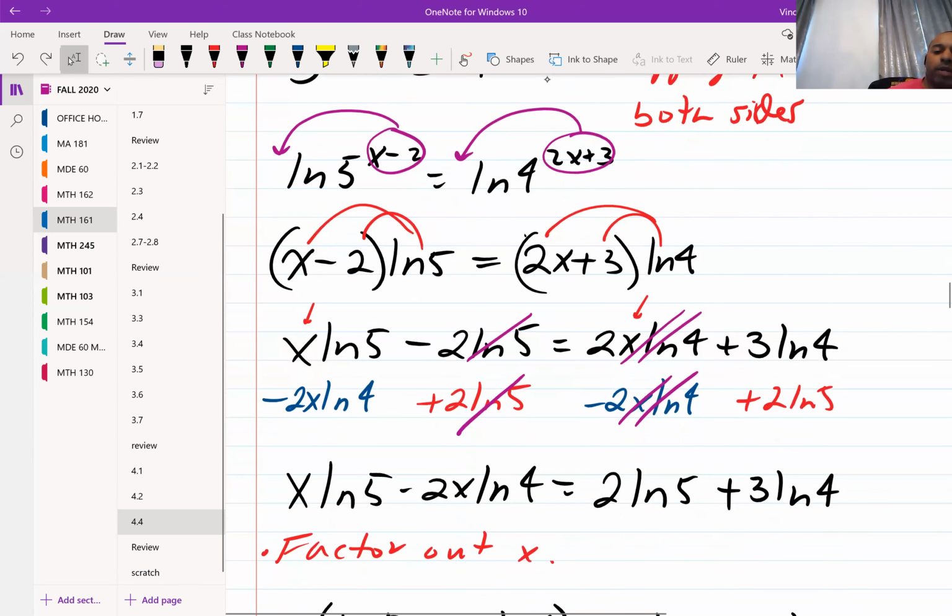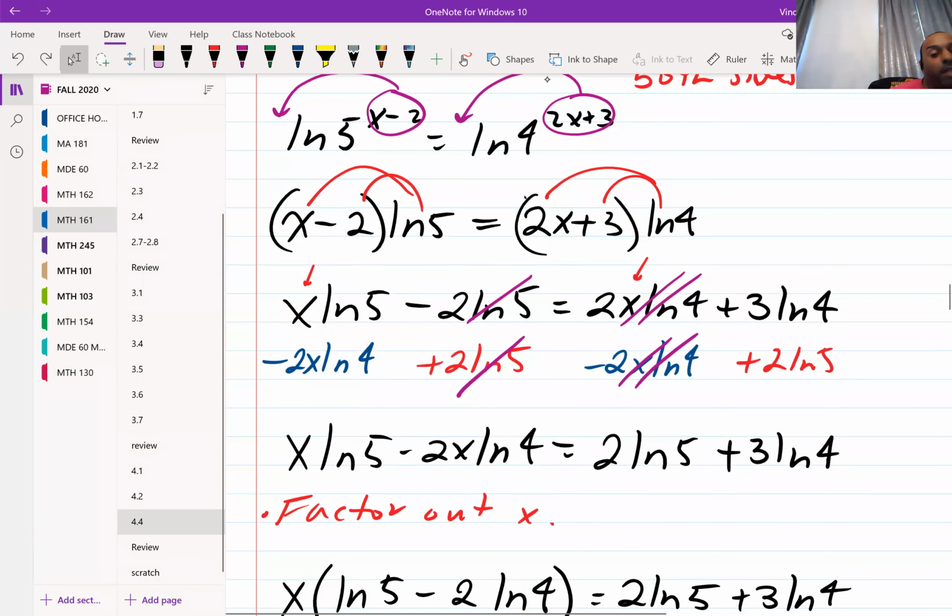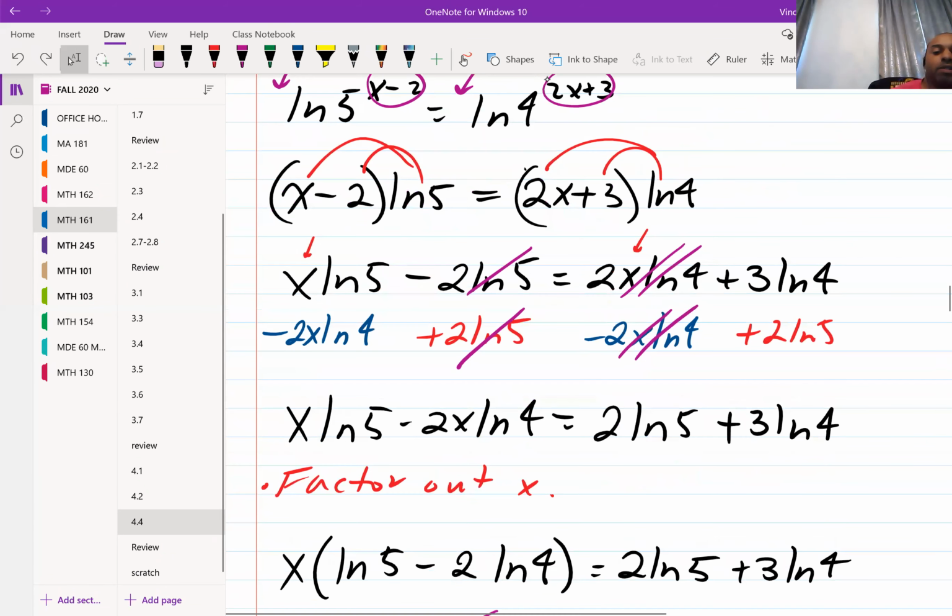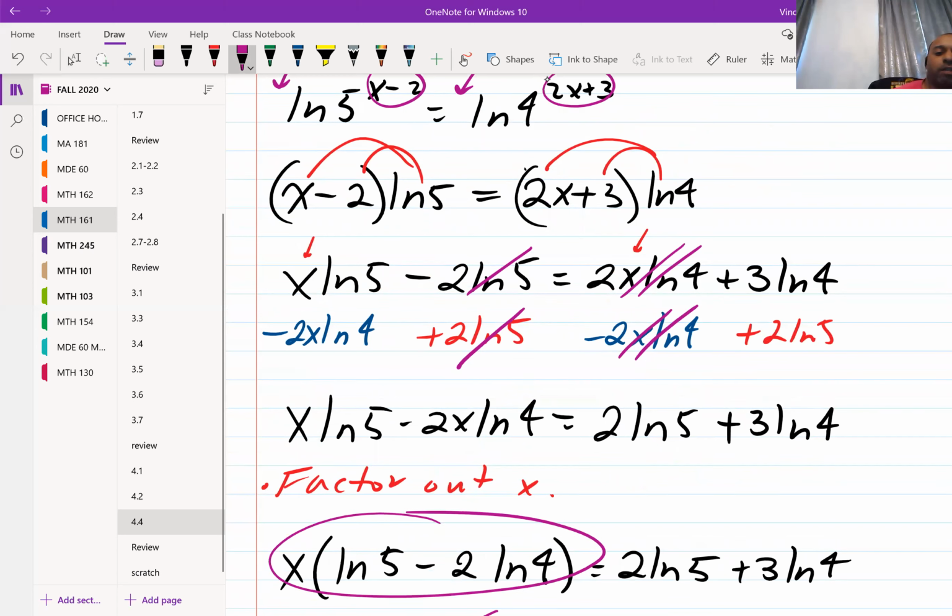All right, so now that we have x in two different terms on the same side, we're going to factor out x. So that's what I did down here. Pull x out of each term.